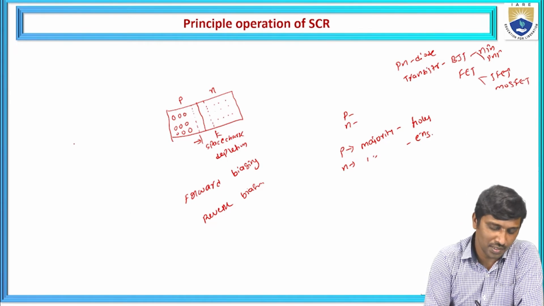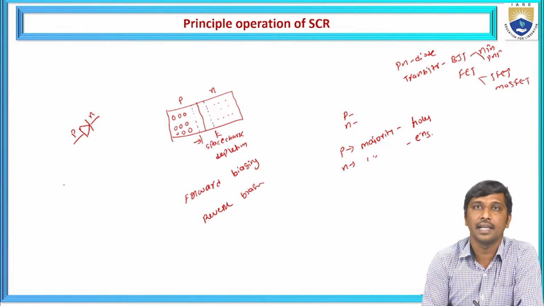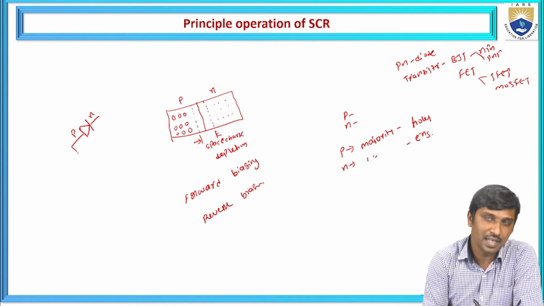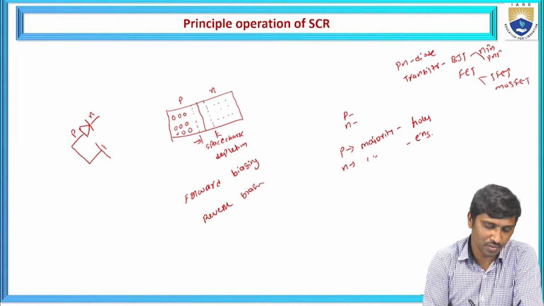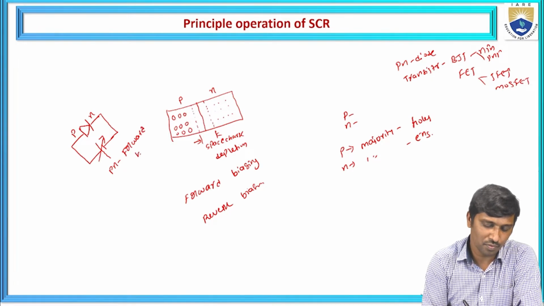Let us consider P-type material and N-type material. When P is connected to the positive pole of the battery and N is connected to the negative pole, the PN junction diode works under forward bias.